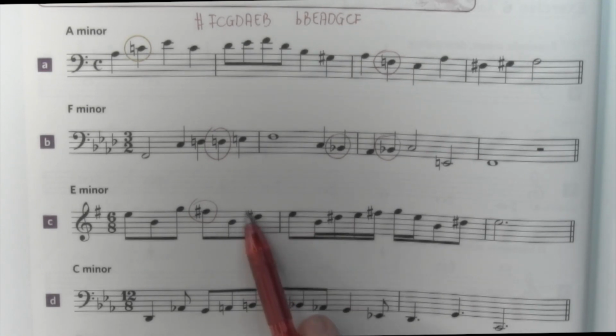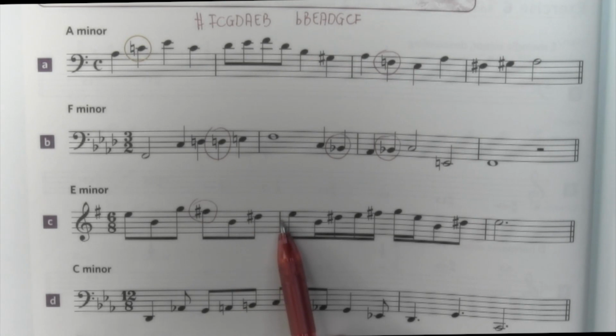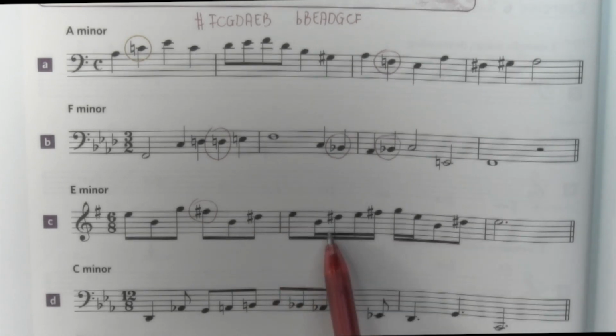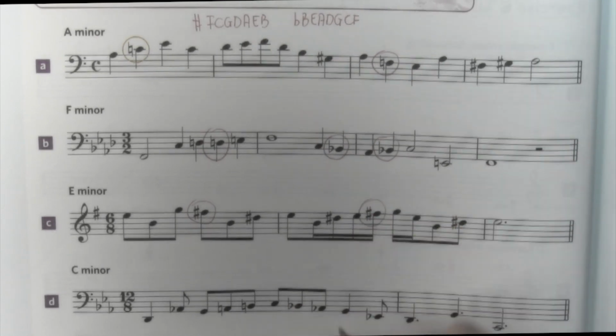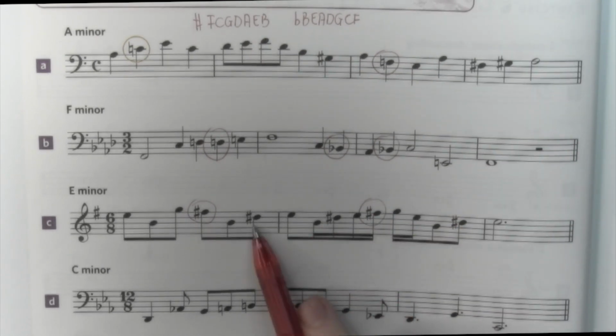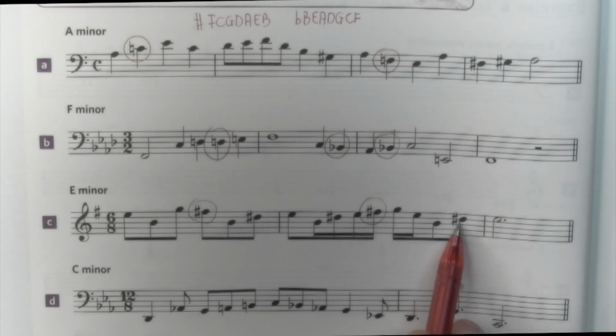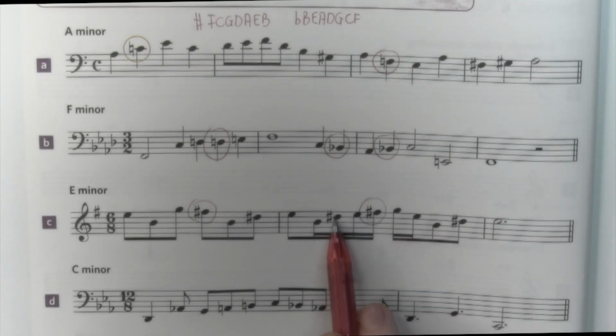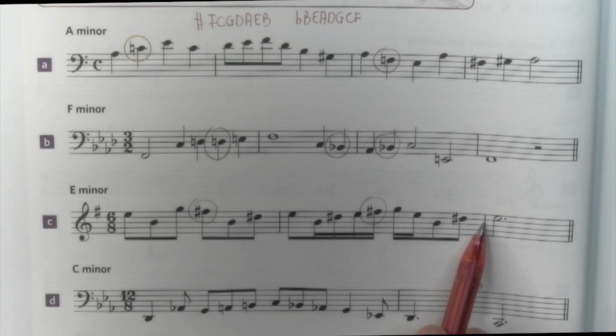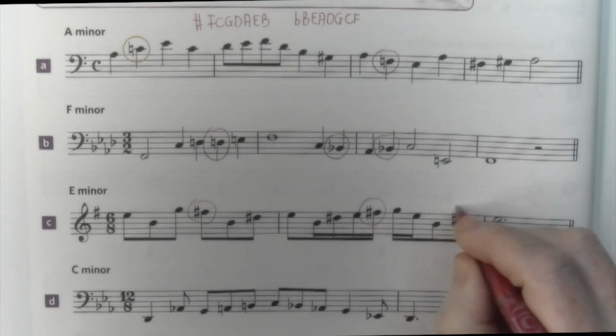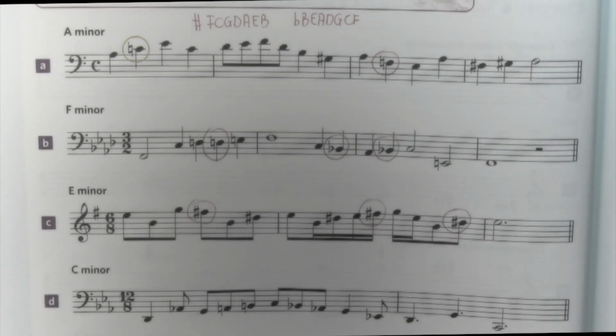Yes, because this lasts until the end of the bar. Another bar, another accidental. We don't need a sharp here, and because of what I've just said, we don't need an accidental here because this D stays up to this bar line. So, not needed.